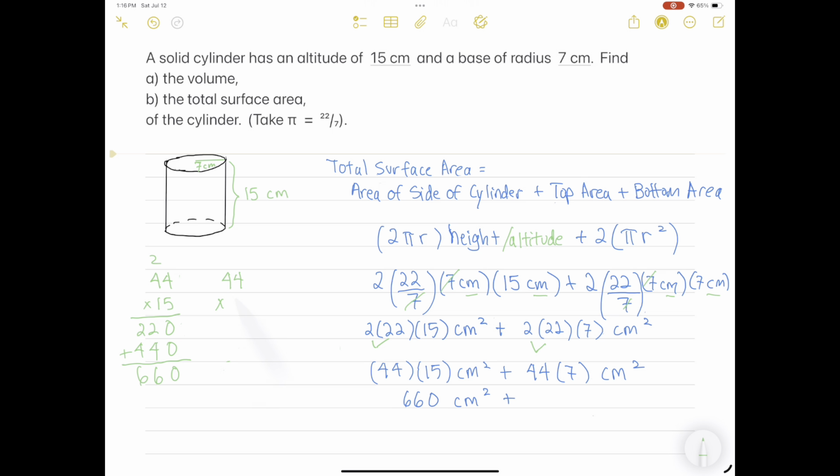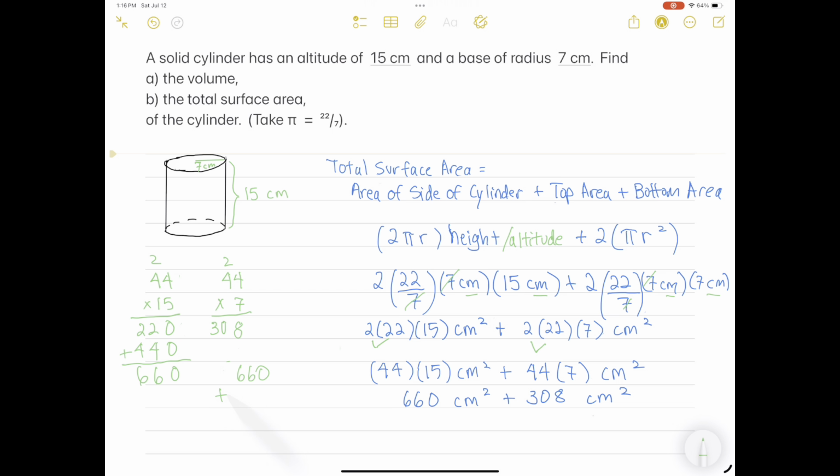660 centimeters square plus 44 times 7, and I do that calculation on the side. 44 times 7 equals 308. So now I have 660 centimeters square plus 308 centimeters square.